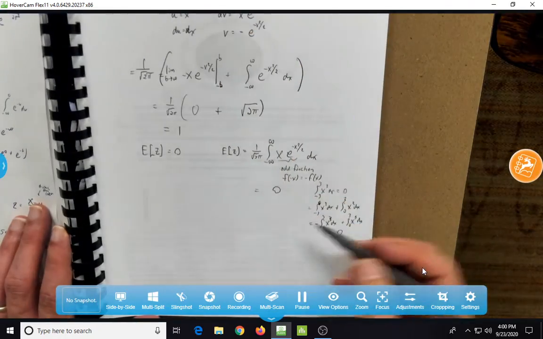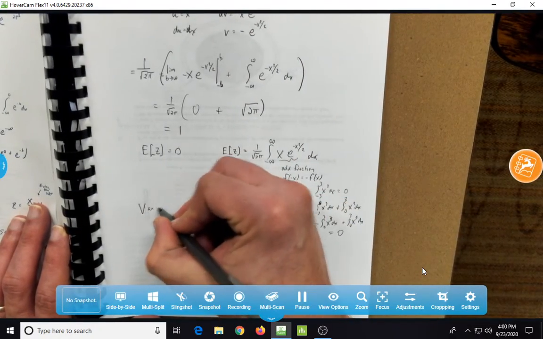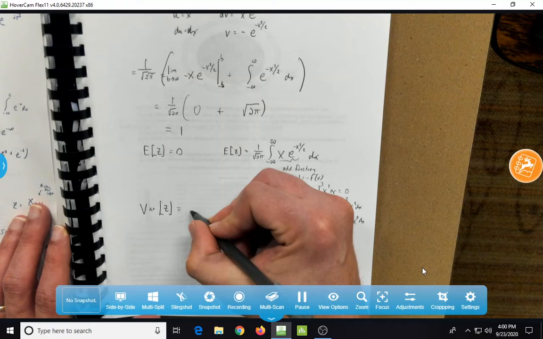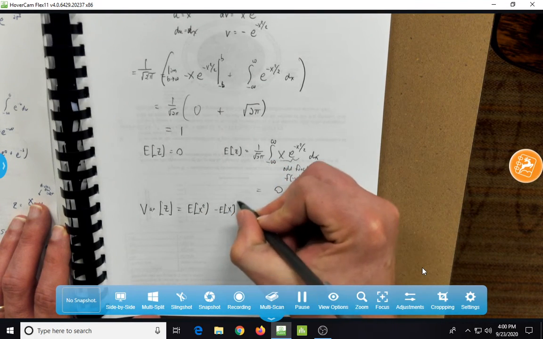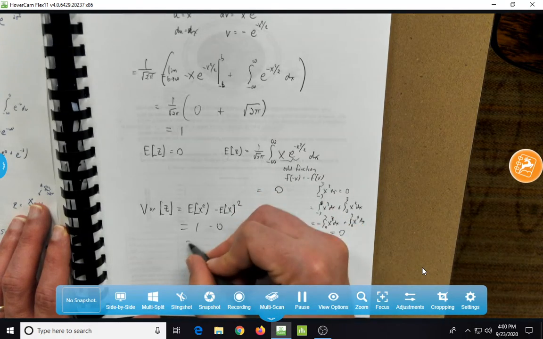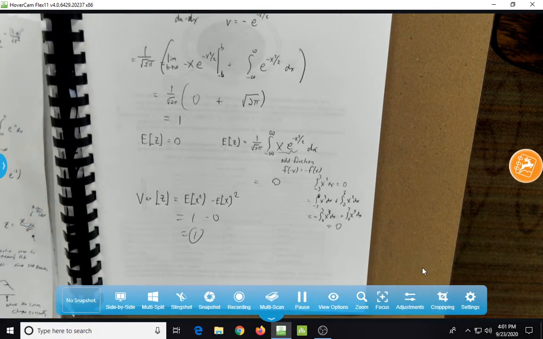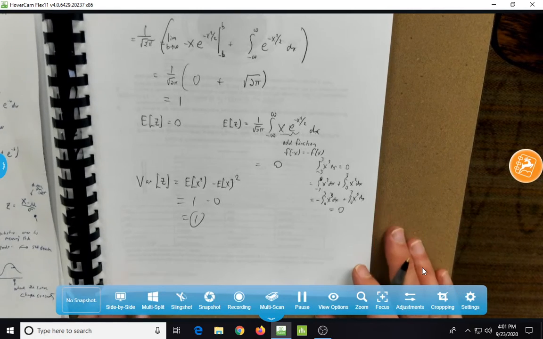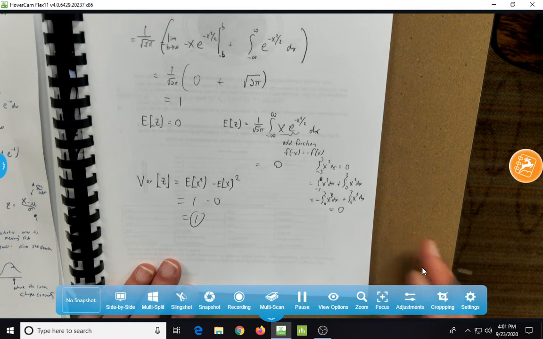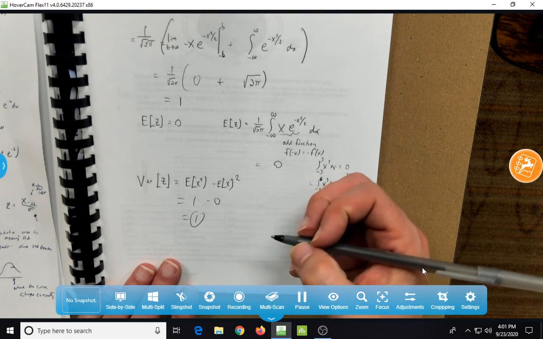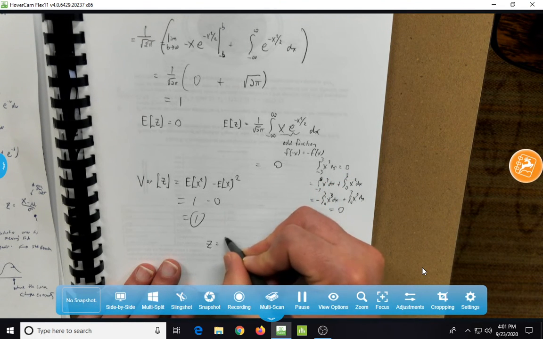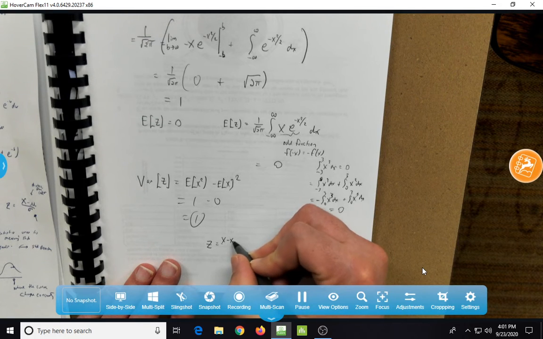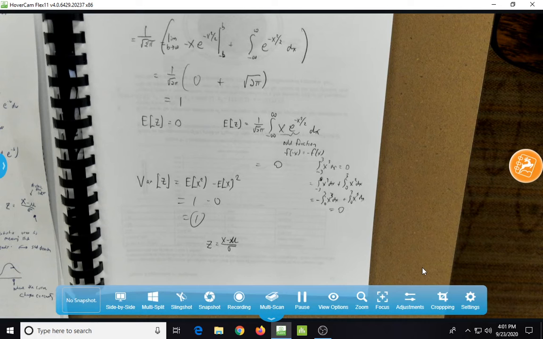So altogether then, the variance of the standard normal distribution is E of x squared minus E of x, squared, or 1 minus 0, or 1. And if you had a generic normal distribution, you could change it by doing your change of variables z equals x minus mu over sigma.